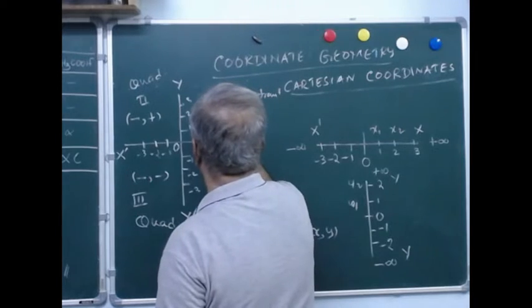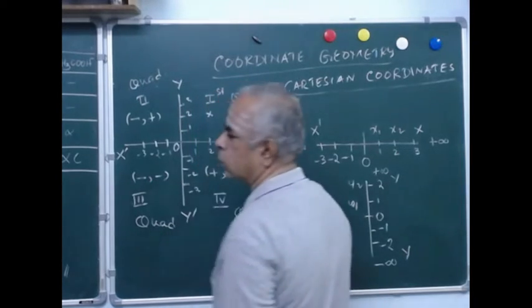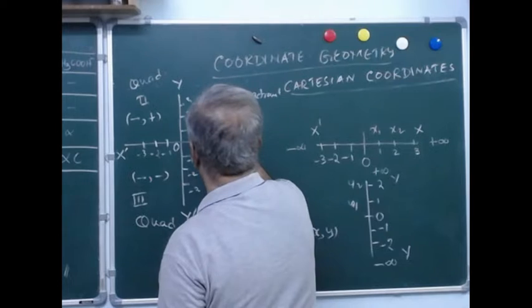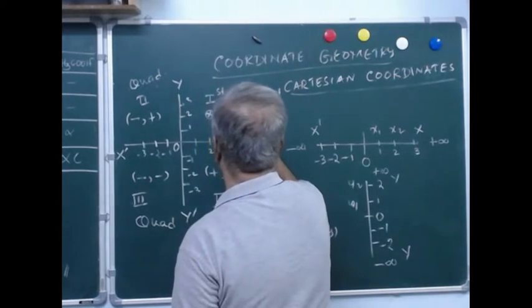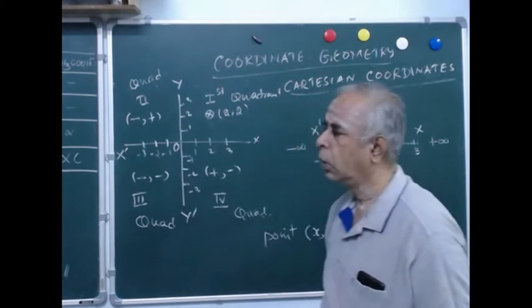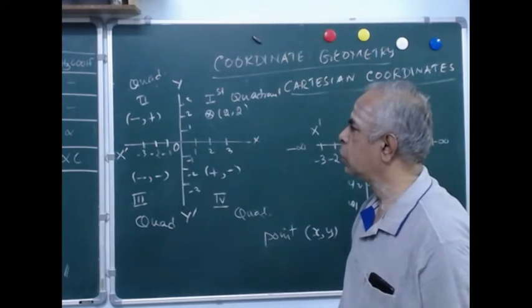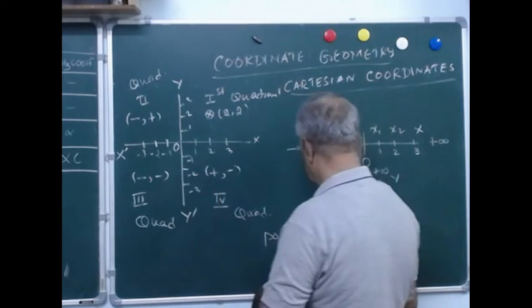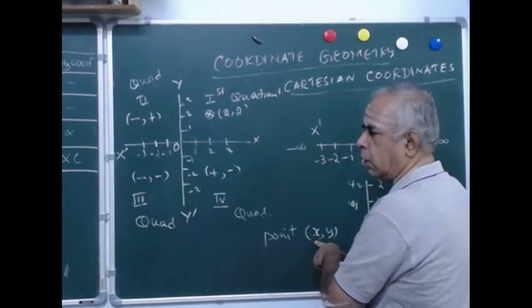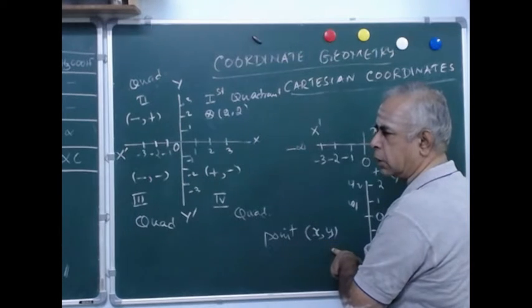Right? So mark this clearly and put 2 comma 2. Got it? And what about minus 2 plus 2? So minus 2 means always the first one is x, the second one is y.